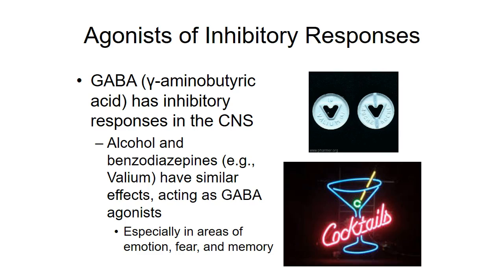Go ahead, Tyler. Mm-hmm. It's a good question. It's a little bit more complicated than that. They kind of fight it out for binding to the receptor. And kind of the question becomes which one has stronger affinity for the receptor, right?